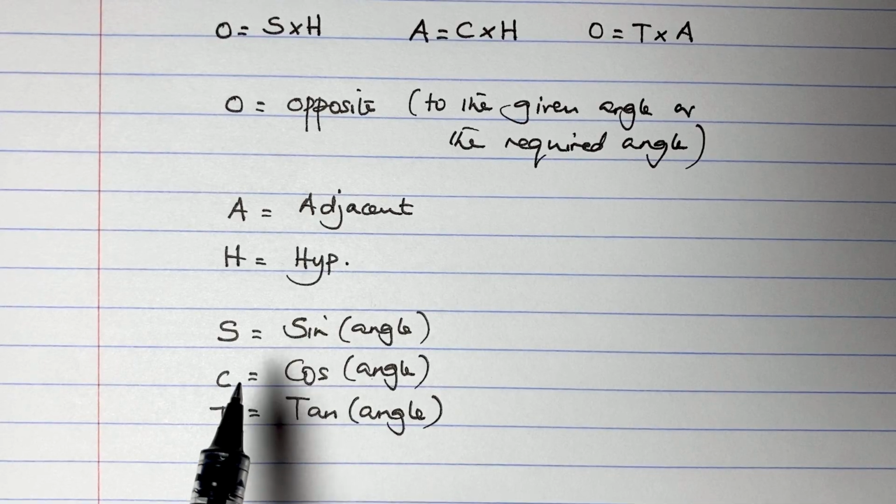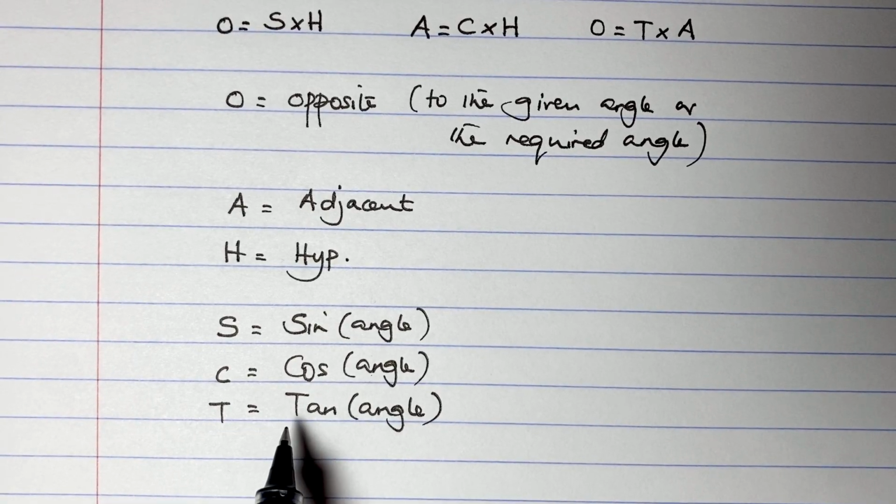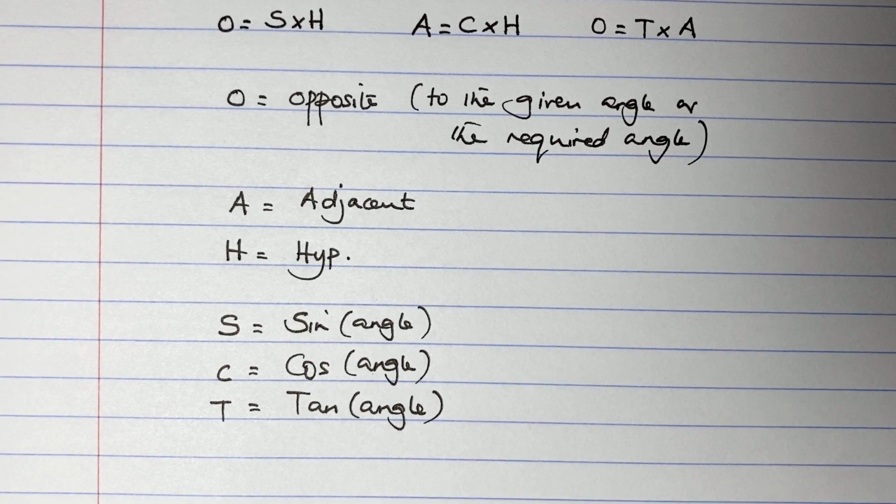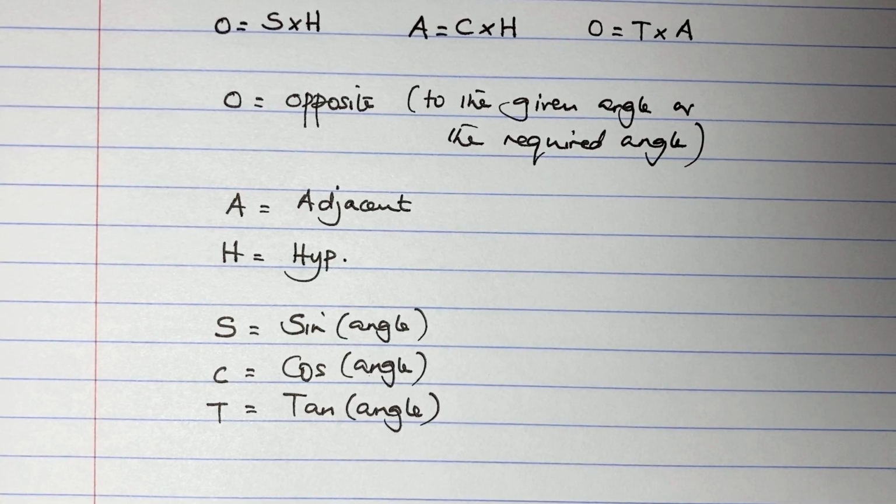So S for sine, C for cos, T for tan. I'm now going to go through 9 examples which complete the whole trigonometric topic. Example 1.